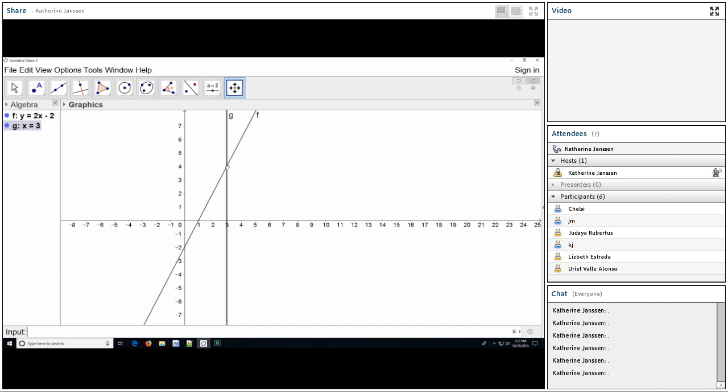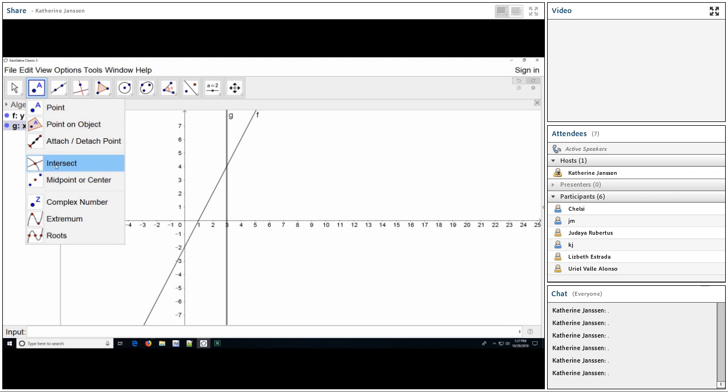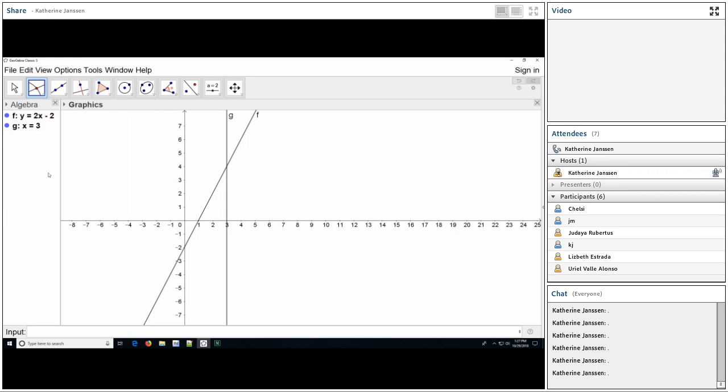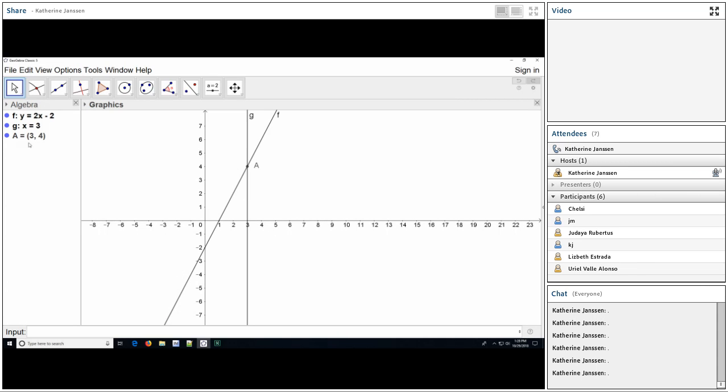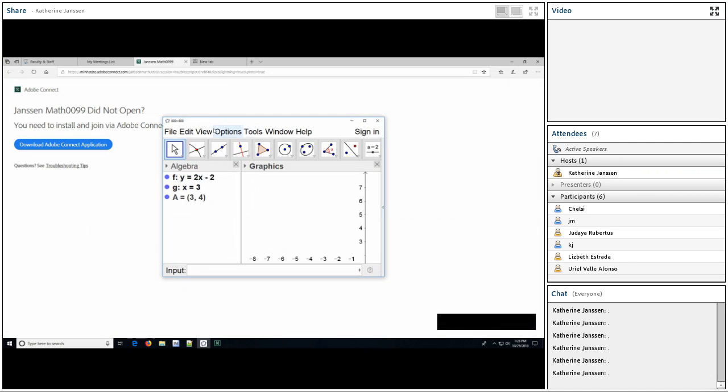Maybe pretty close. Okay, so we have an intersection, right? So graphically, we could check our intersecting point to verify our supposition. We want to intersect. I'm just going to click on the line that I want to intersect in my vertical line test. And there's that point A. And in my algebra window, my left-hand navigational window, sure enough, point A has been established and labeled.